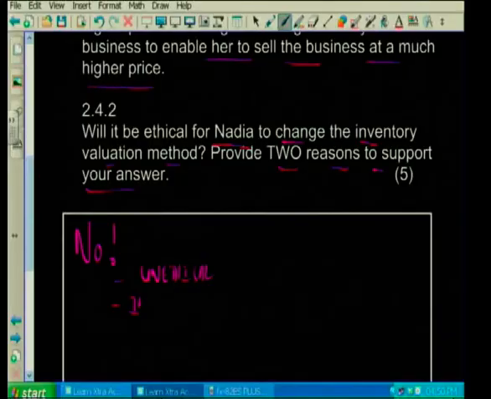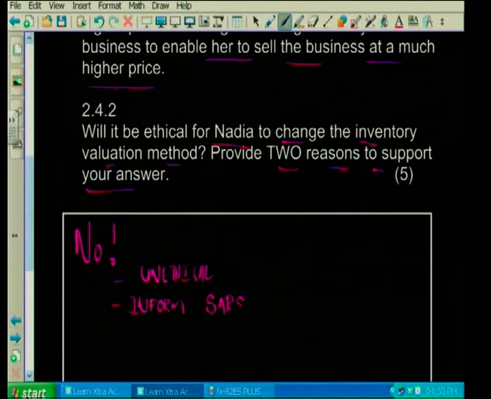And what else is important? If a business, for a very good reason, needs to change its method of stock valuation, it needs to inform whom? Big brother? Yes, SARS.